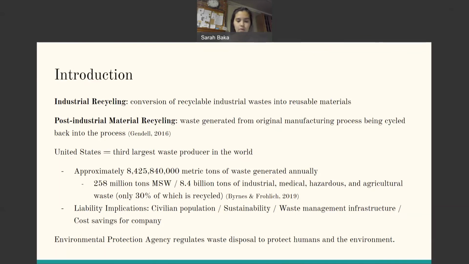The amount of waste can have a huge financial implication for these companies. In the US, the Environmental Protection Agency regulates waste disposal to protect humans and the environment.